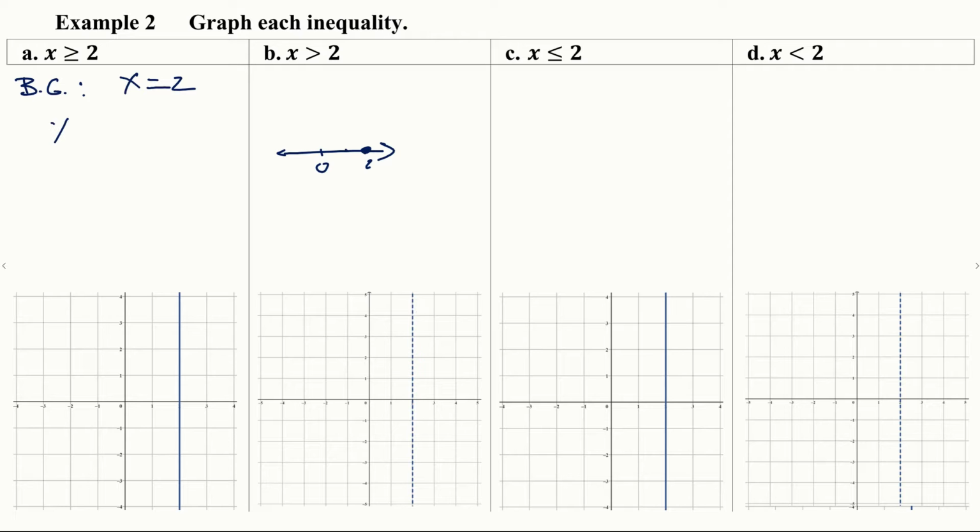So when you're looking at x greater than or equal to 2, you're going to look at points on or to the right of the boundary graph. Okay, so you would shade to the right of the boundary graph as well, right?